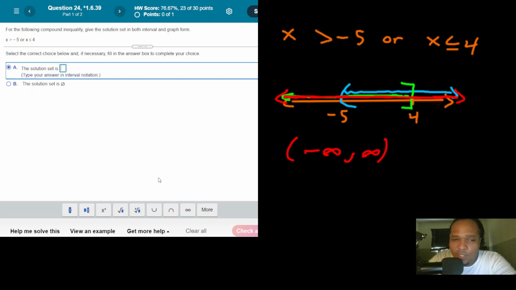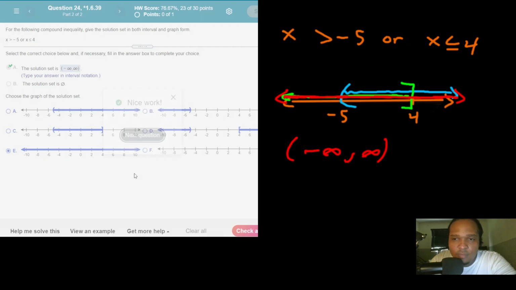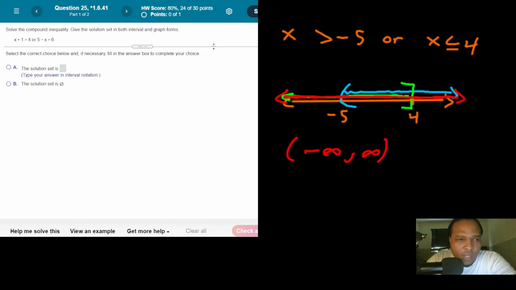So this is all real numbers essentially. So let's put negative infinity right here. And we have positive infinity, close it up. And everything should be shaded. So this is E. All right, 25.